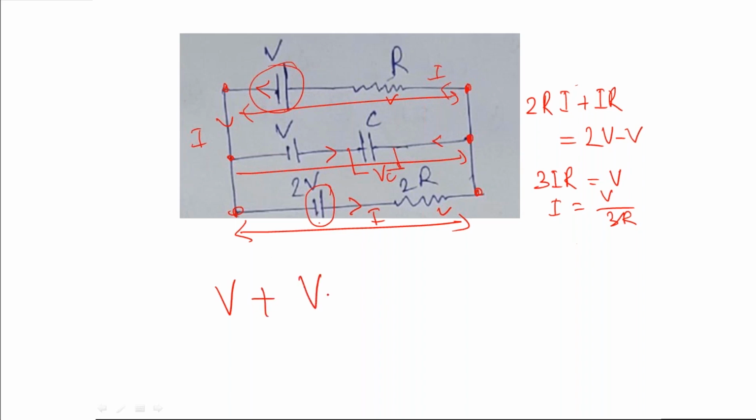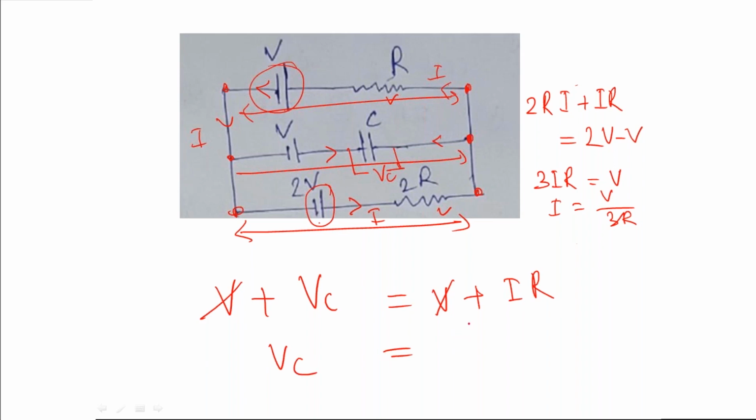So what I can write is, the potential drop across this middle branch is V plus VC. That is equal to, I'll take this one, V plus I into R. So this will be the equation.